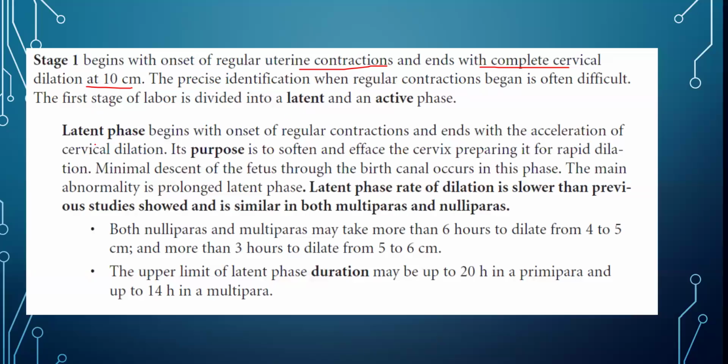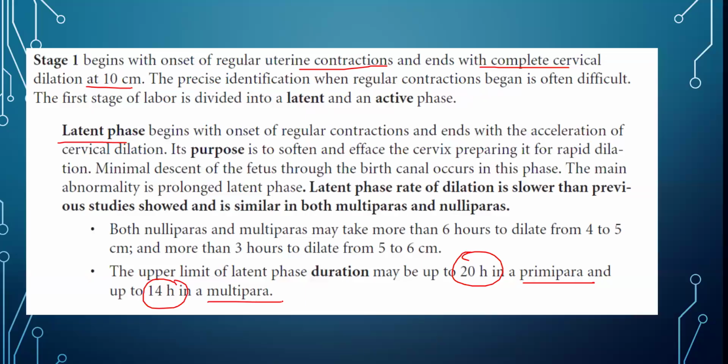Okay, so there is latent phase. In the latent phase, basically the patient will have cervical dilation up to 6 centimeter. Okay, the upper limit of latent phase may be even 20 hours in a primipara and 14 hours in multipara.